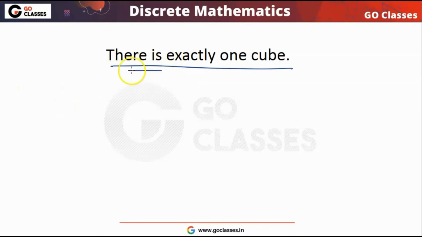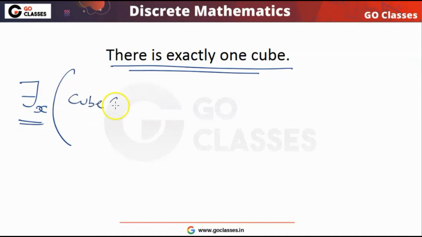First of all, exactly one means there should be at least one, right? So I can say there exists x, which is a cube. Remember, it means that there is at least one cube.